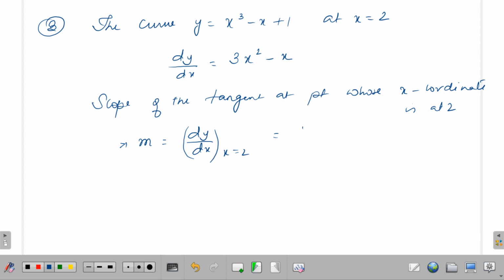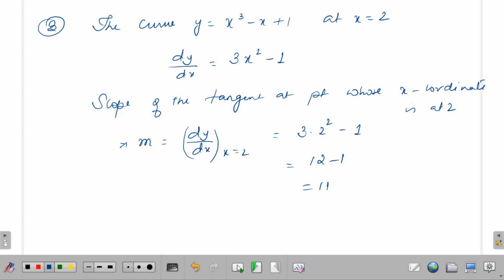So that will be 3 into 2 squared minus 2. I think I have made one mistake, and that mistake is seen over here. That should actually be 1. So over here also it's a mistake, that should be 1. So I will get 12 minus 1, which is 11. So that is how it is to be done in question number 3.